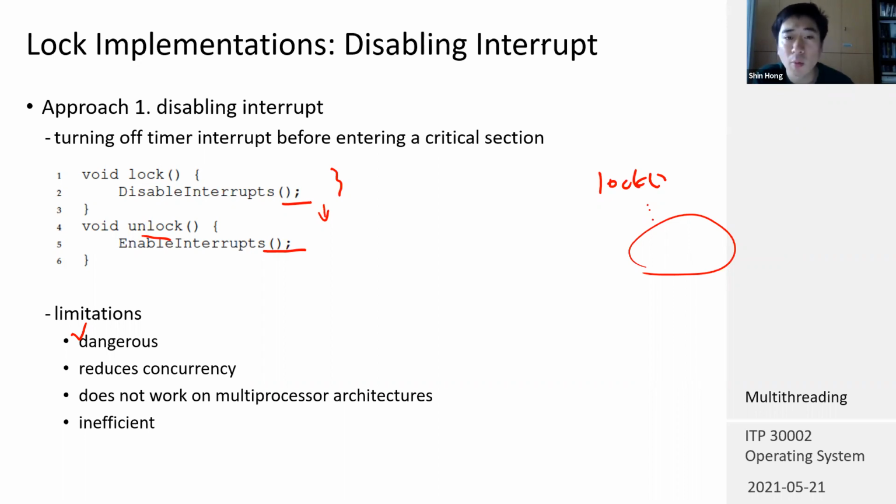Makes sense? I think I already told you this point, but this mechanism is still used for simple embedded systems where we are pretty aware of all possible code that could be executed while disabling the interrupt.